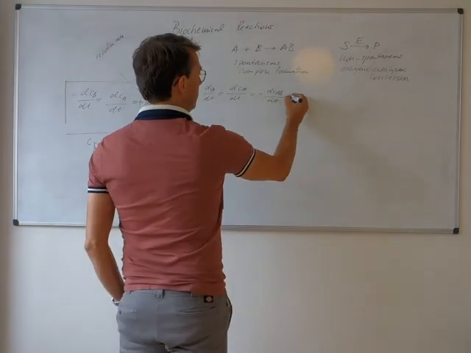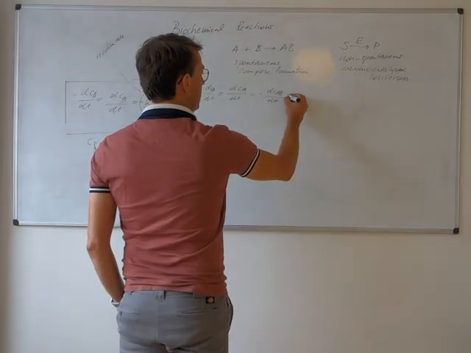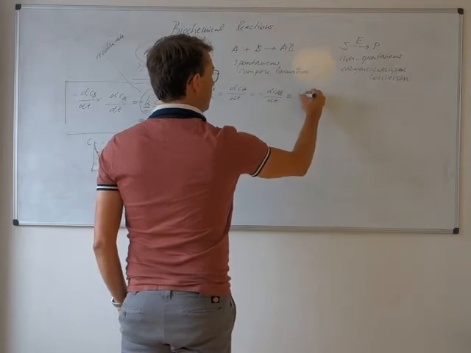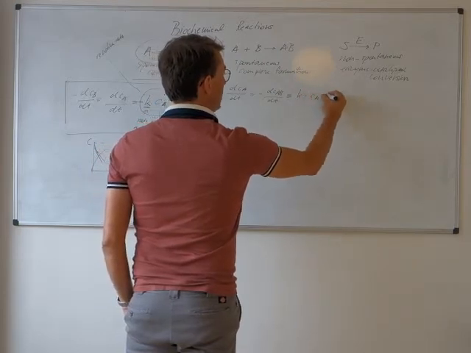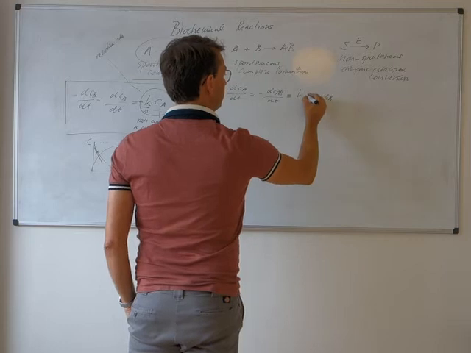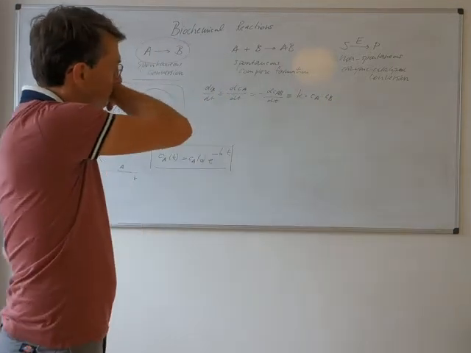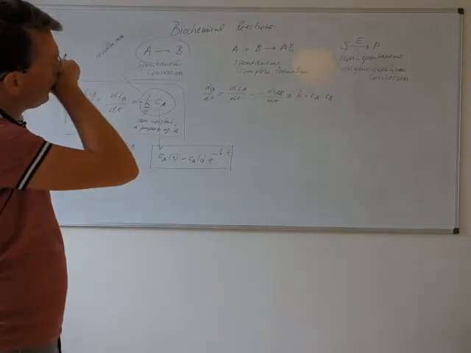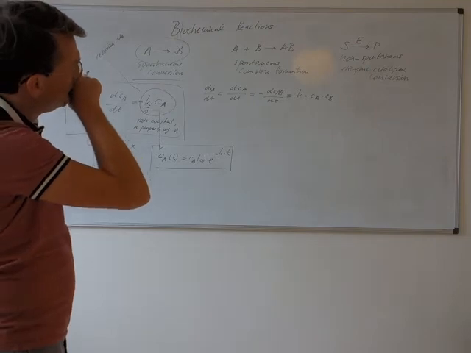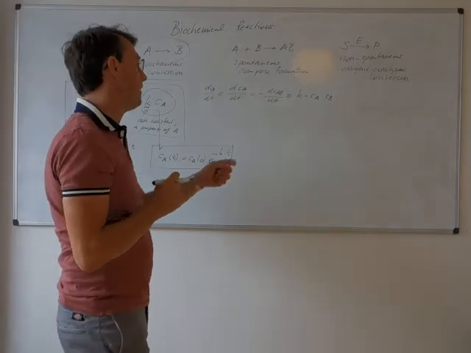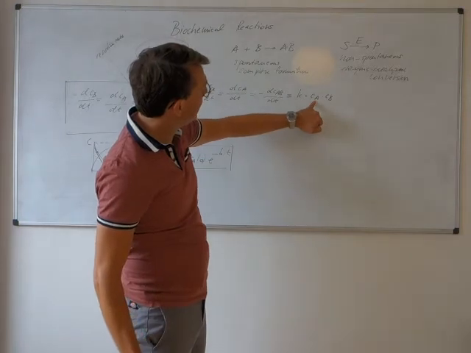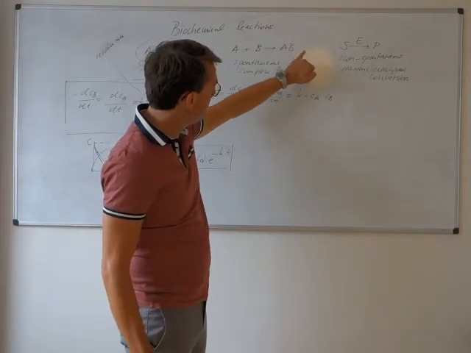And again, this is going to be equal to a constant times the concentration of A and B. And that is not illogical, because clearly if there is no A or no B, you cannot make the complex.